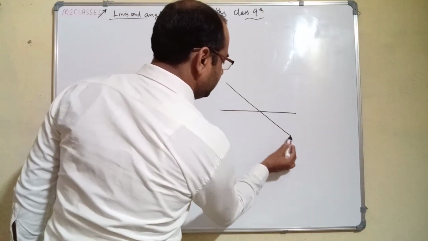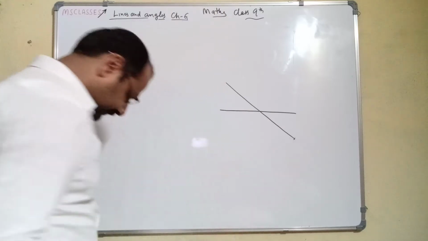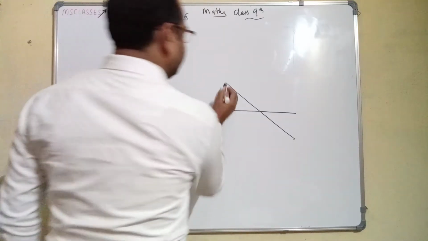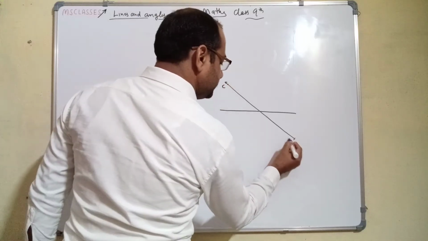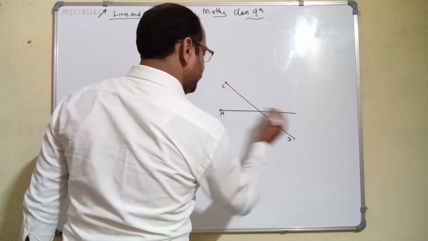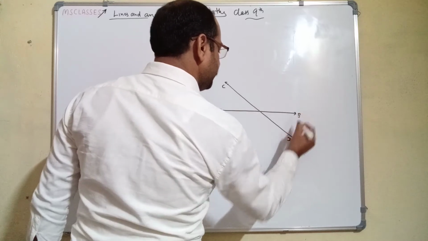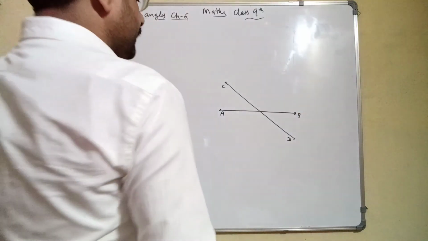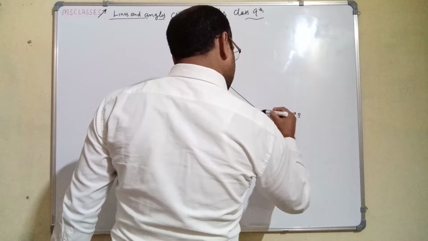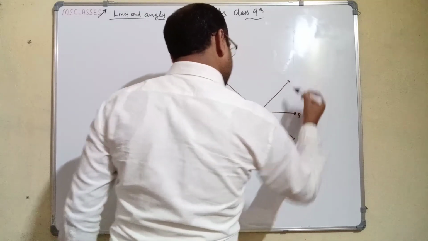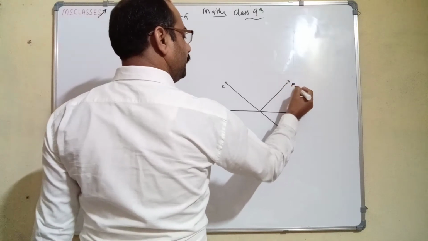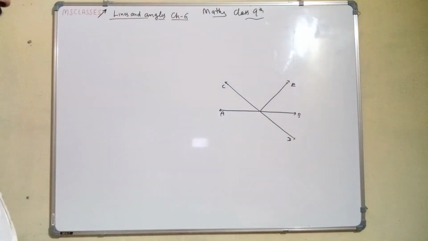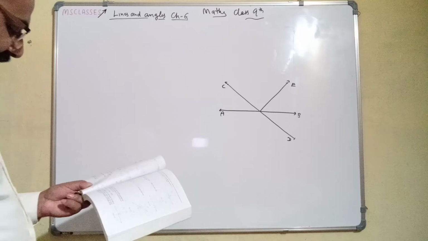A line intersecting this AB, this line is CD. This is C, this is D, this is A, this is B, and one more line, this one, this is E, right? So we have these lines which are intersecting at point O.